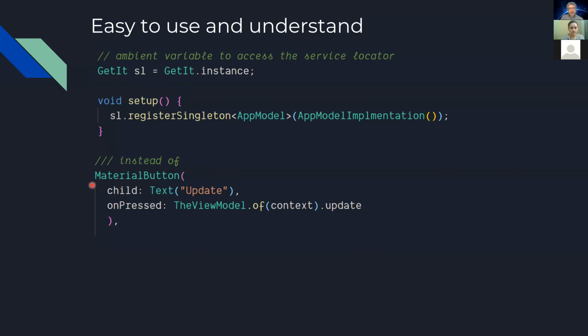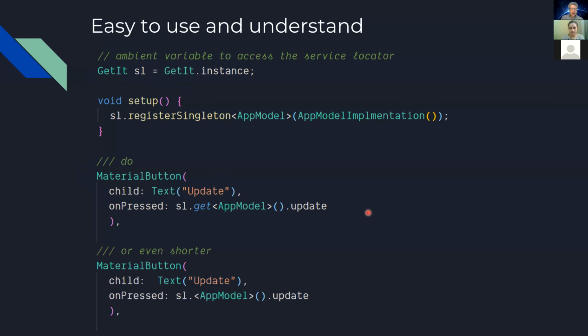Now in the UI, instead of the typical Provider.of(context), we can do this here. I call get and pass the type that I have registered, and it returns the object, and I can directly use its members, the update function, for example.